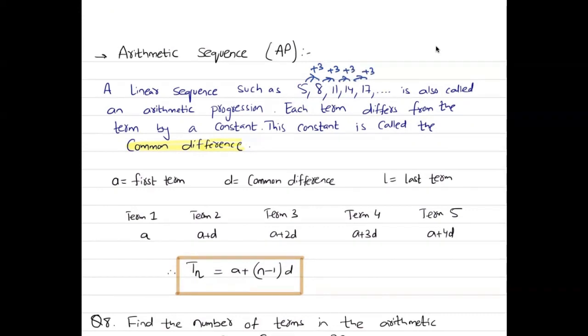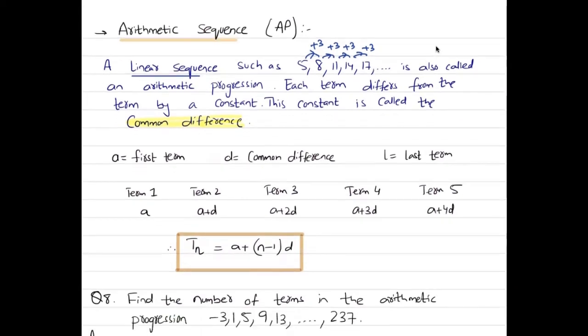So this is a sequence that has a common difference. It is basically a linear sequence, where each term differs from the next term by a constant. Okay, the difference is constant, so that is called a linear sequence. The linear sequence is called the arithmetic sequence.